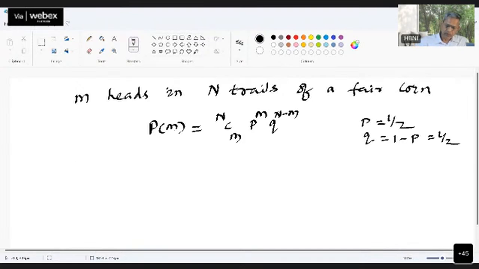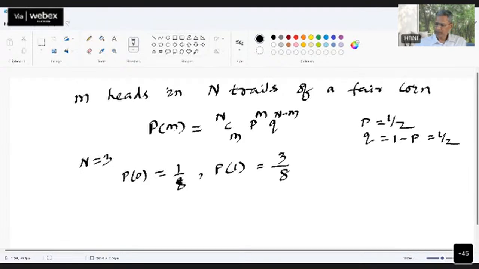Suppose n is equal to 3. If you calculate using this expression, P0 will be 1 by 8, and P1 will be 3 by 8.